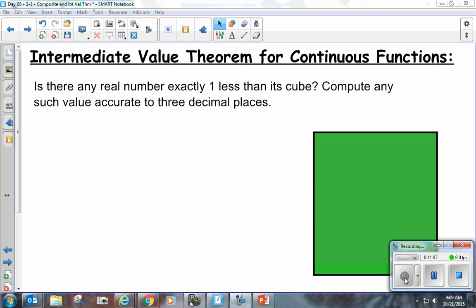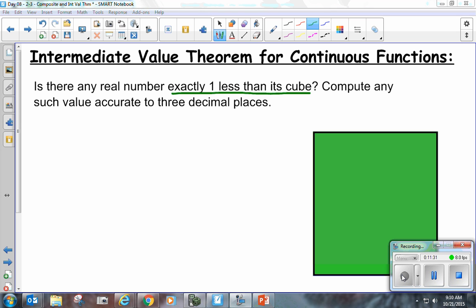All right, is there any real number exactly 1 less than its cube? Compute any such value accurate to 3 decimal places. So let's create our equation first. Is there any real number that is exactly 1 less than its cube? So, how do we come up with that equation?